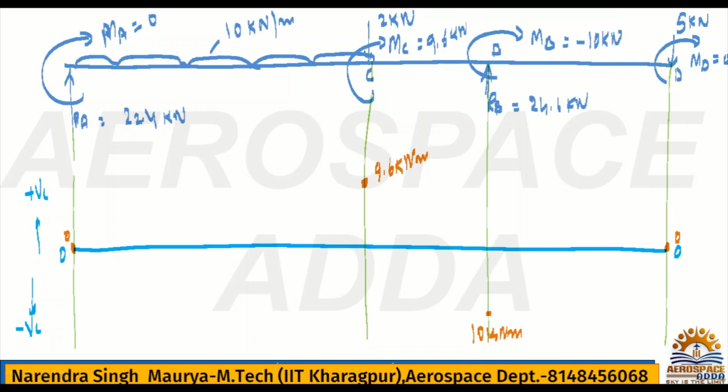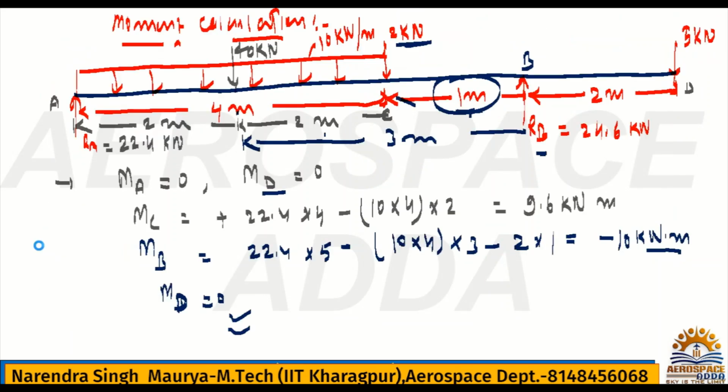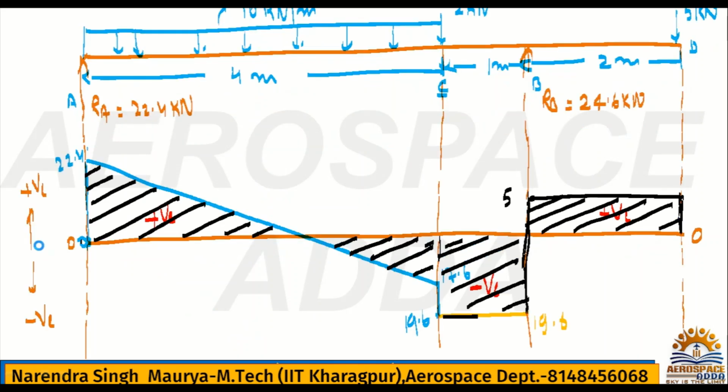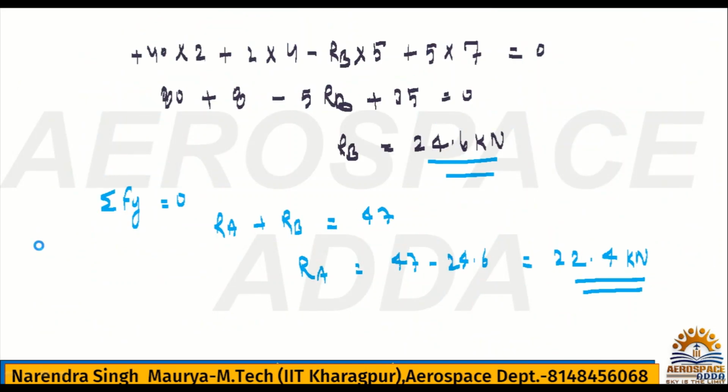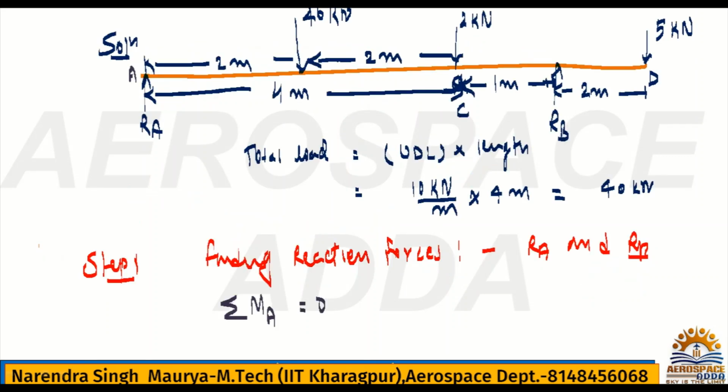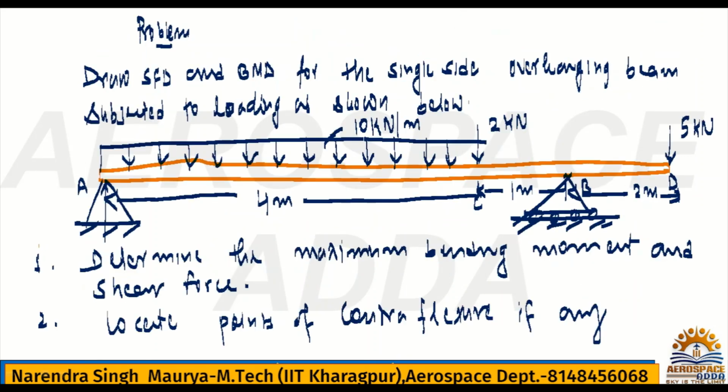In the problem itself, they had asked one thing. If you concentrate, this is very special problem actually. What they had asked, if you read the problem once, then they said, where is the maximum bending moment, or where is the maximum moment value? I think they had asked. Let us see what they said. Determine the maximum bending moment.